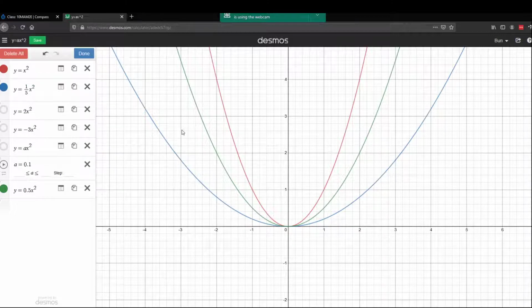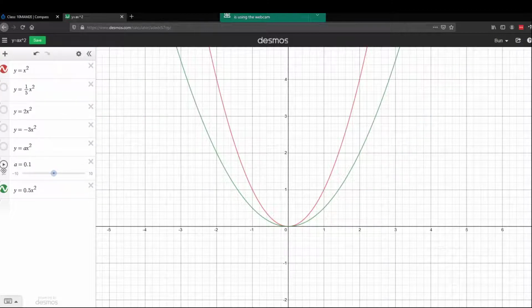So what we can conclude is that when a is between 0 and 1, not inclusive of 0 or 1, the graph goes wider. Let me put that aside. I'm done with that.